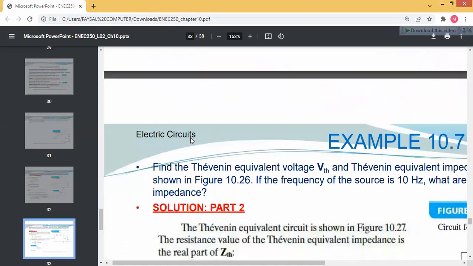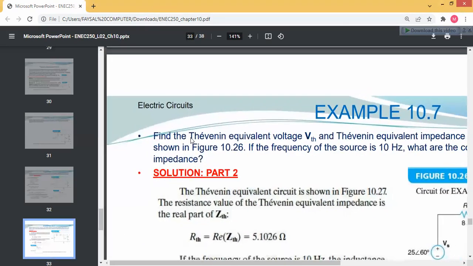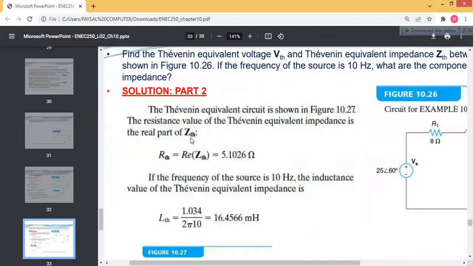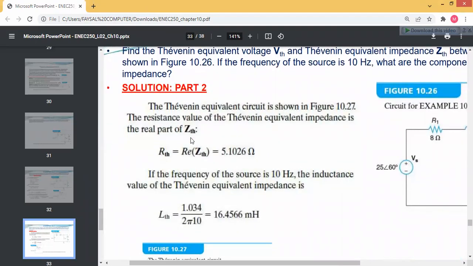For part number two, we have to find the R Thevenin with the equivalent. R Thevenin equals R equivalent with the Z Thevenin.